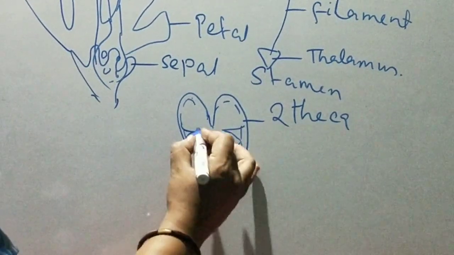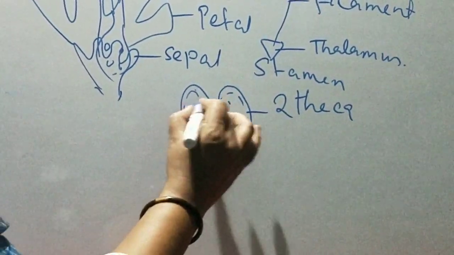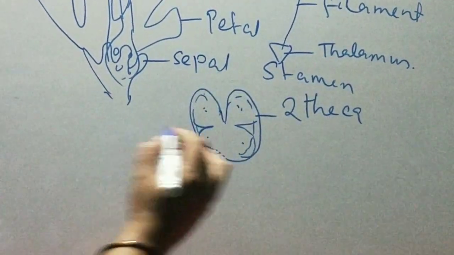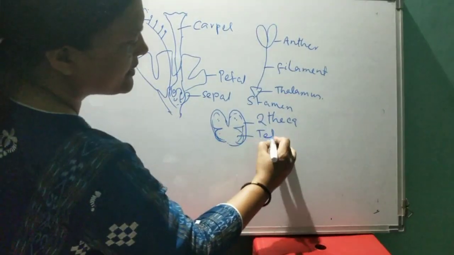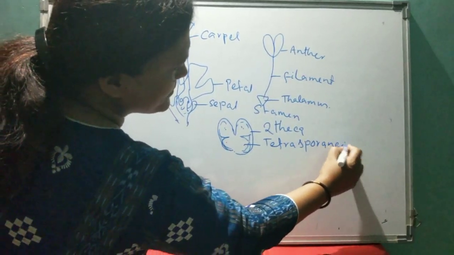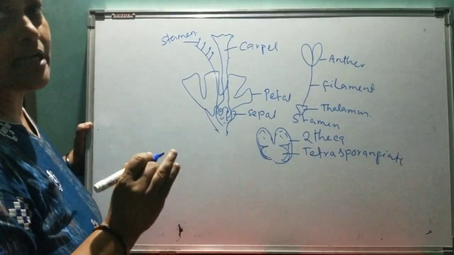Each anther lobe again has two sac-like structures, so there are a total of four chambers in the two anther lobes. This is called the tetrasporangiate type.